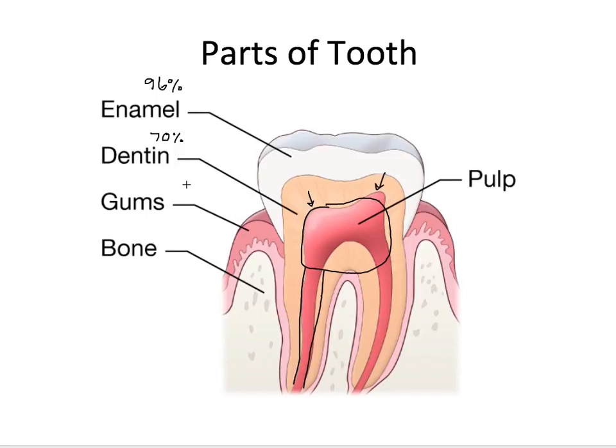And then next we have the gums, which are these darker and lighter pink structures here that surround a tooth. And we have the bone, which is actually a tiny bit softer than dentin. It's about 65% mineral.